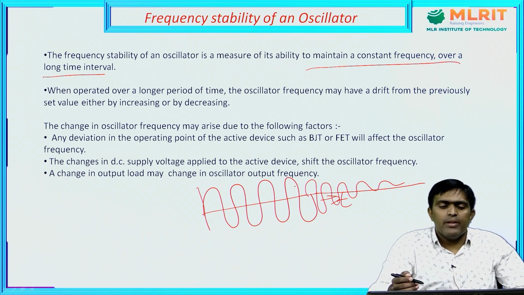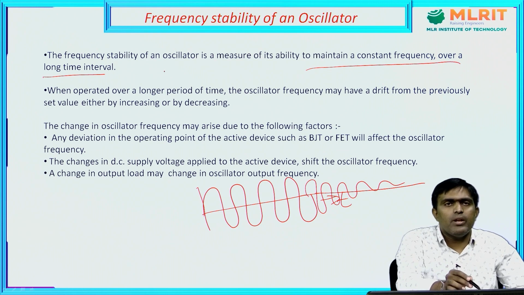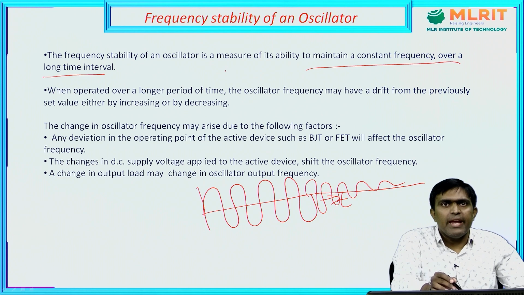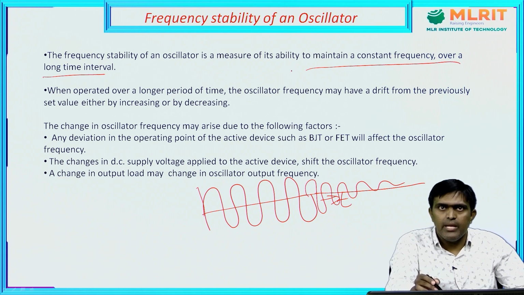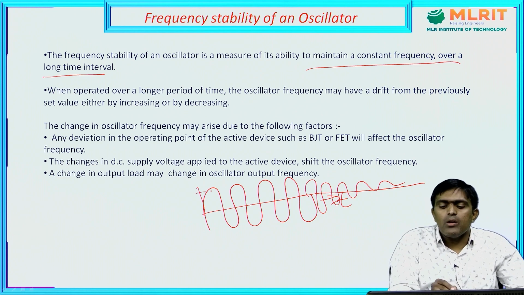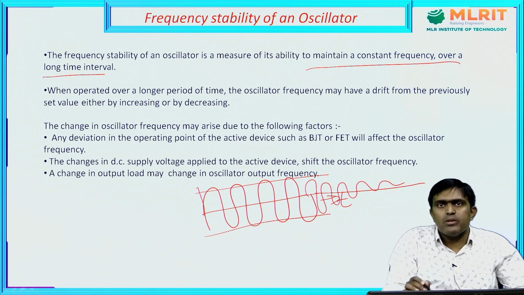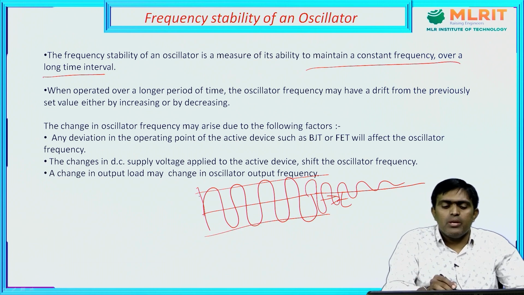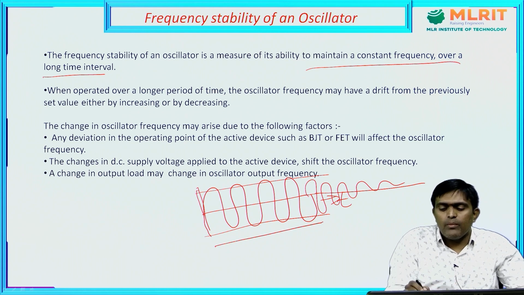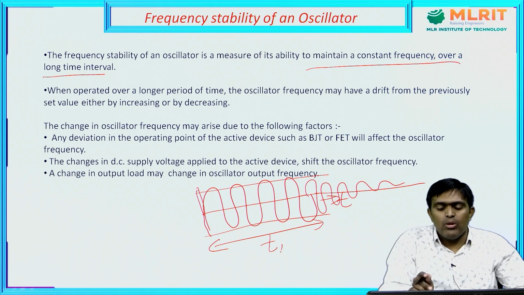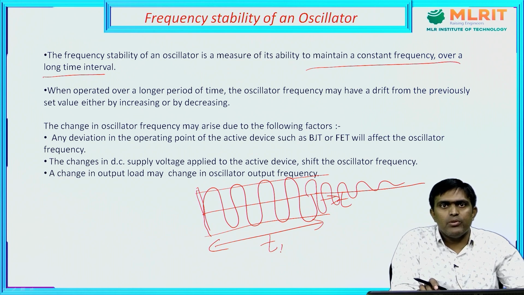So how can you define the frequency stability of an oscillator? The frequency stability of an oscillator is a measure of its ability to maintain a constant frequency over a long time interval. Here, only within this time t1 are we maintaining a constant frequency.